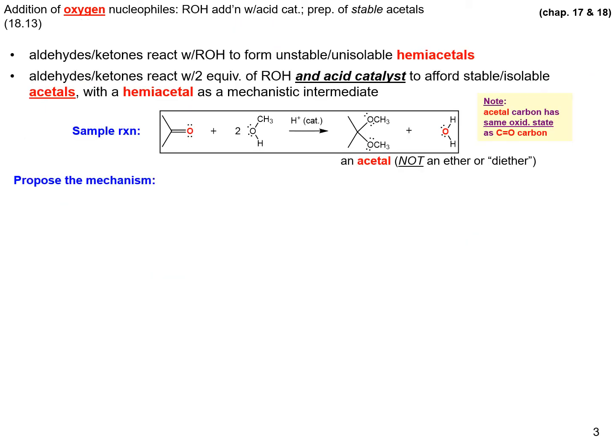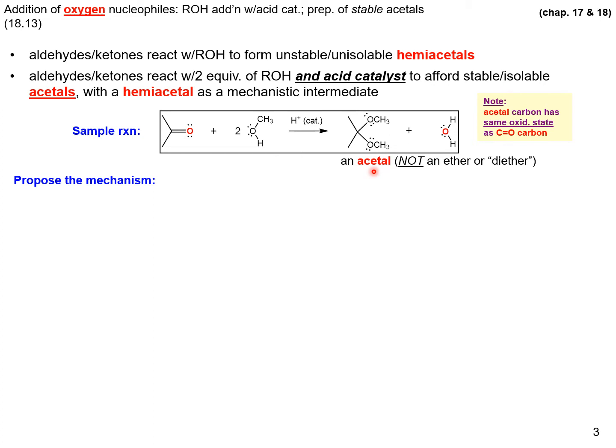We've seen that nucleophilic addition of alcohols to aldehyde and ketone carbonyls under neutral conditions affords unstable, unisolable hemiacetals. However, if you carry the reaction out between an alcohol and an aldehyde or a ketone in the presence of an acid catalyst, you obtain stable, isolable molecules called acetals.